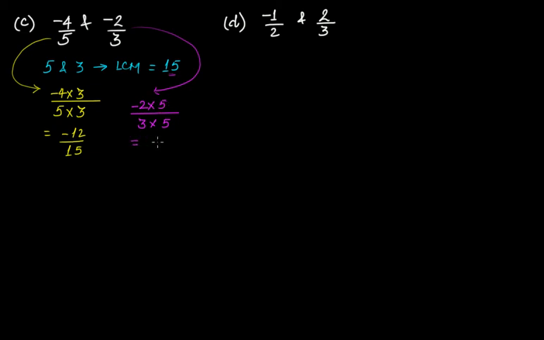So this gives you -10 over 15. Now you can see clearly you have these two rational numbers. This is the equivalent rational number of -4 over 5, and -10 over 15 is the equivalent rational number of -2 over 3. Clearly the denominator is the same.